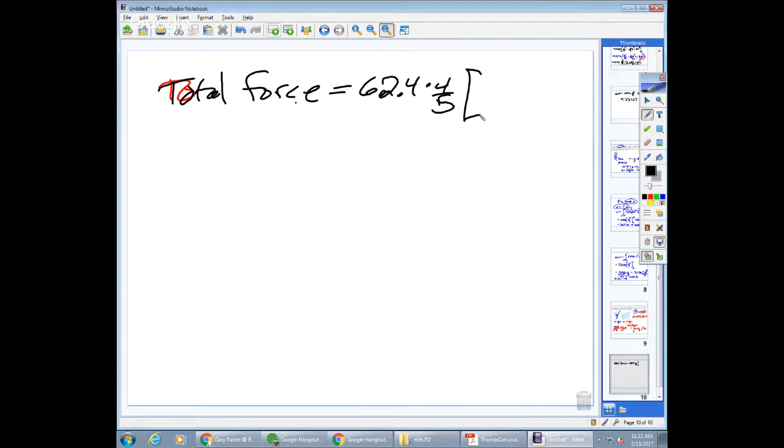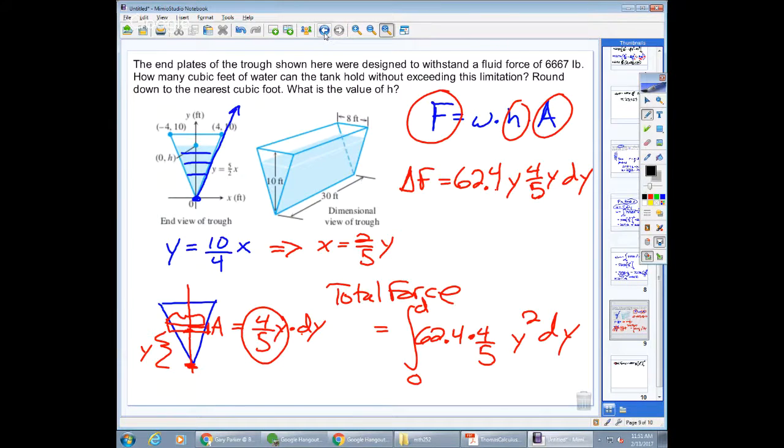Times, let's say we had a y squared, so y cubed over 3 is our antiderivative for that part, from 0 to d. So the total force is a function of the depth. That should make sense, right, when I look back at my picture here. More depth, more force.